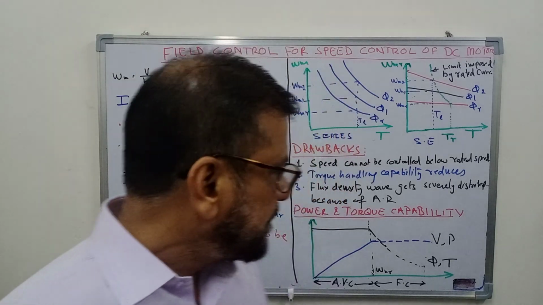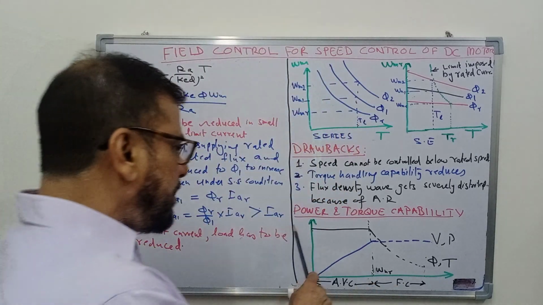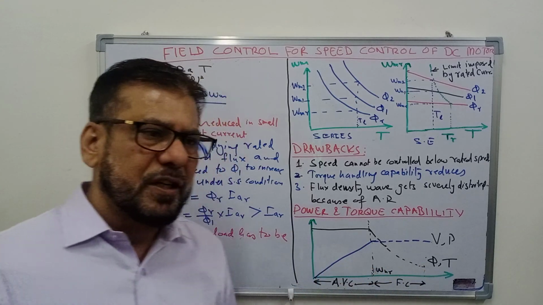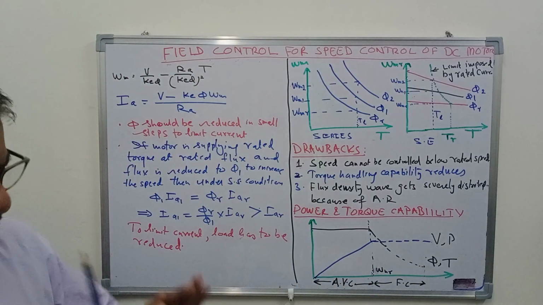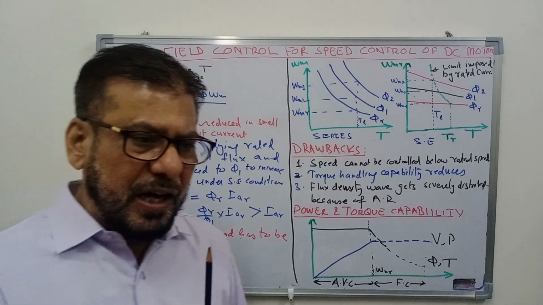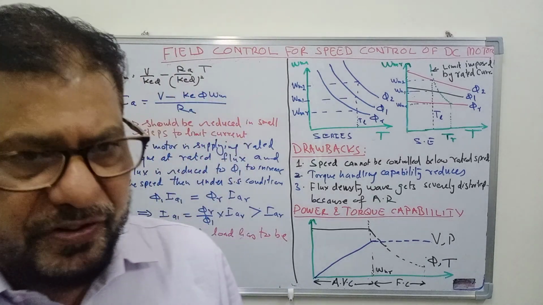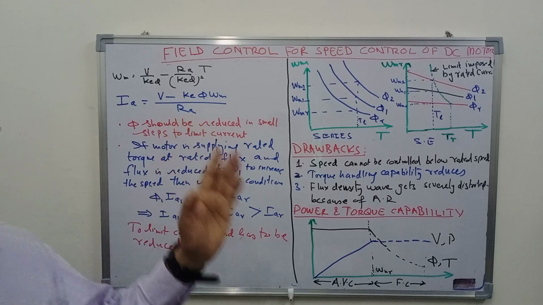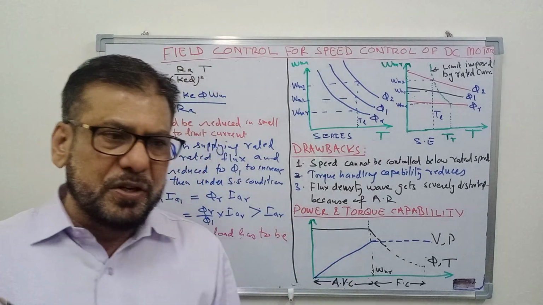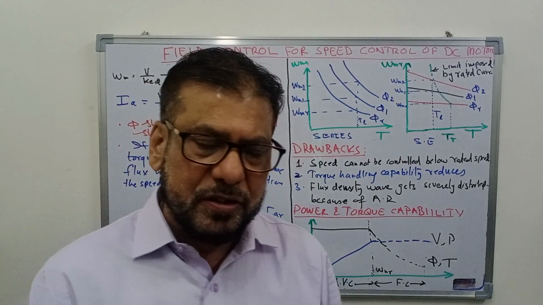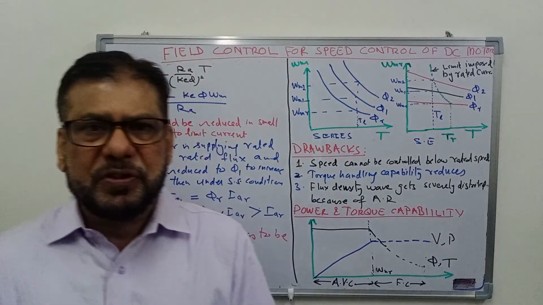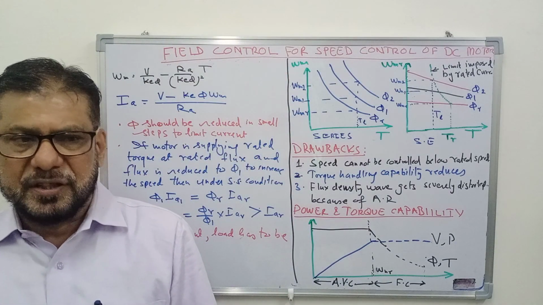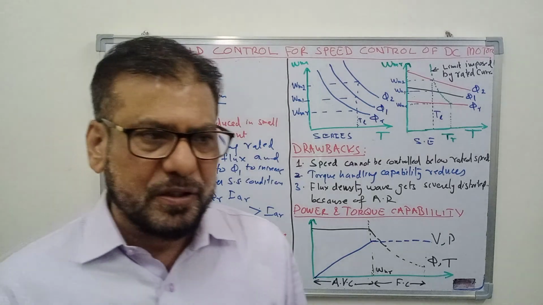Now let us see what is the power and torque capability of the motor in these two speed control methods, that is armature voltage control and field control. As we discussed, below the rated speed you have to control the speed by armature voltage control, and above the rated speed you have to control the speed by field control method.